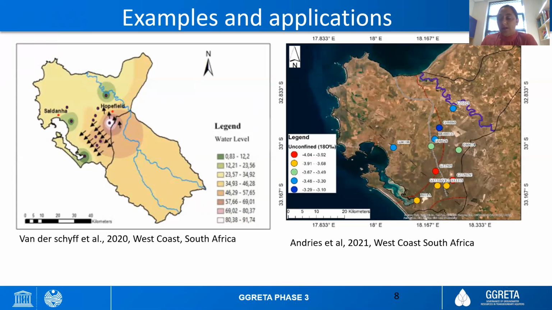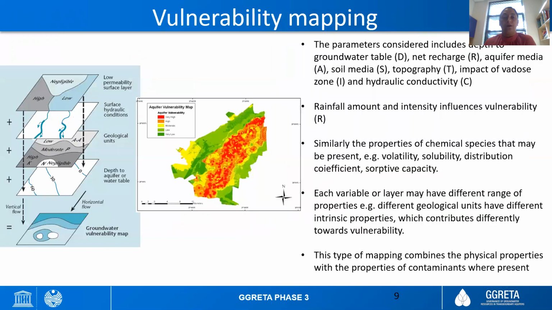So these were done in GIS software. And as you can see, they've categorized the data, and on the left, they've used contouring, and on the right, they are showing circles with different colors to represent the different classes. These are simple examples. There are much more complex things that you can do.